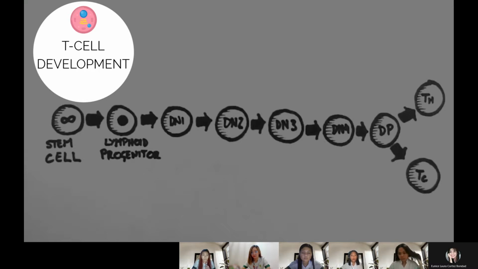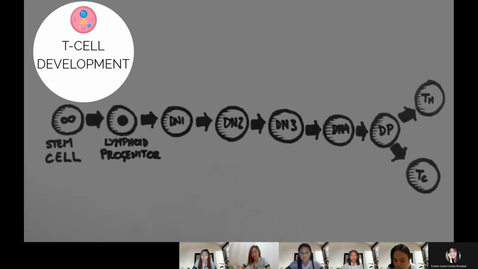Our T cell development starts from the stem cell to the lymphoid progenitor, to double negative 1, double negative 2, double negative 3, and double negative 4, to the double positive. In the double positive stage, the T cell decides whether it will become a helper T cell or a cytotoxic T cell.